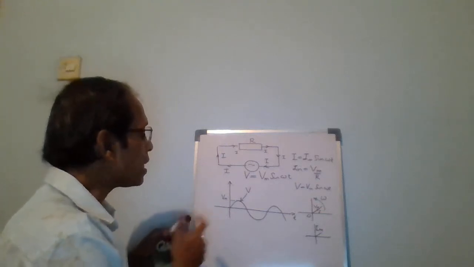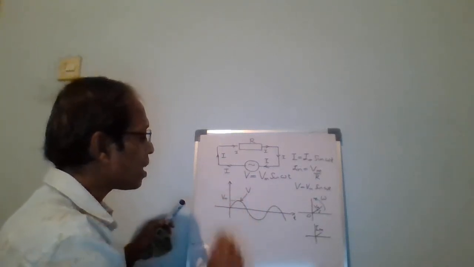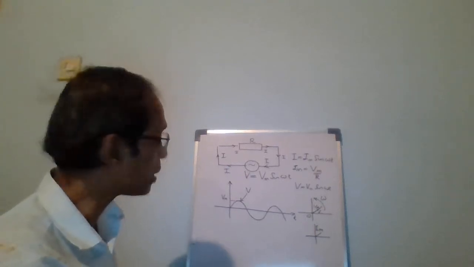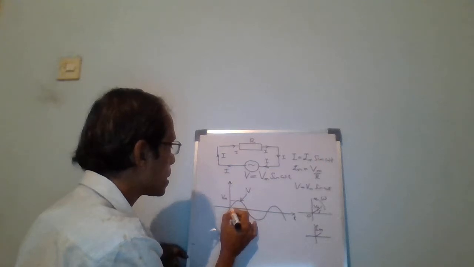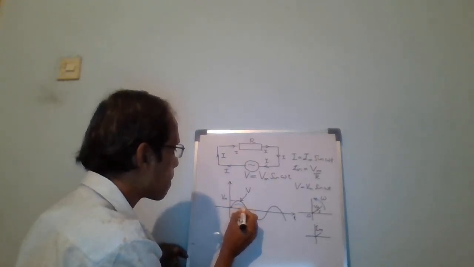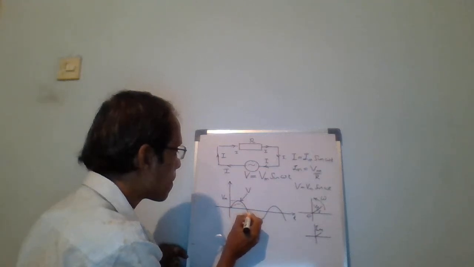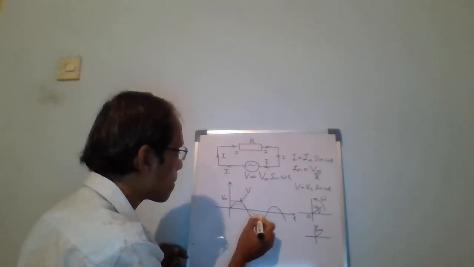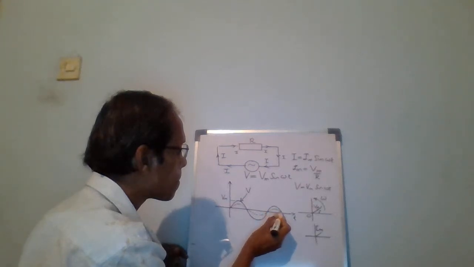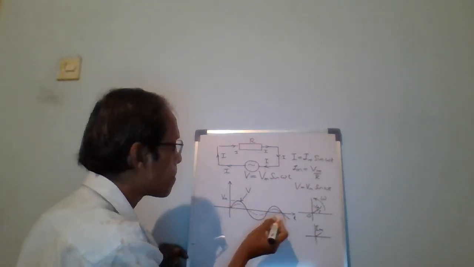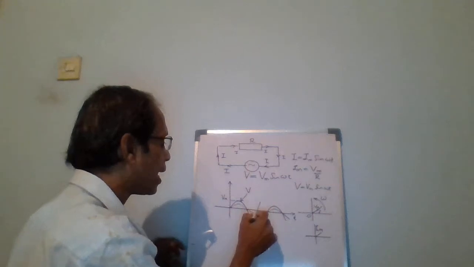We get a similar graph but with a smaller amplitude compared with V. This is I.